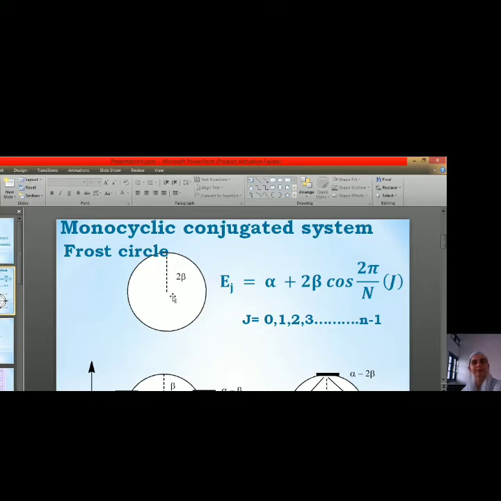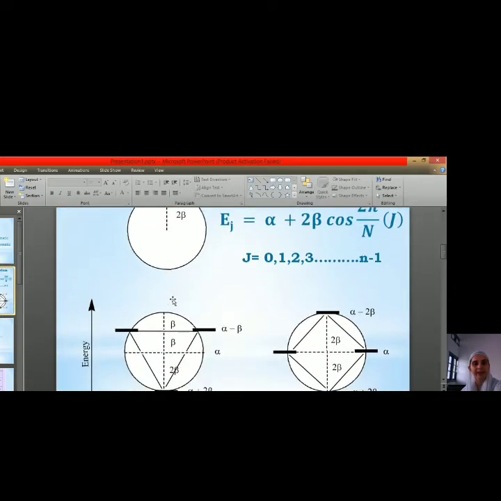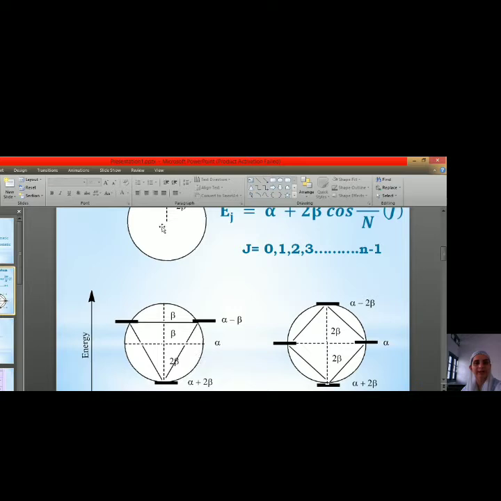In order to draw the Frost circle, first we draw a circle with radius 2 beta. Then we inscribe a polygon inside this circle such that one vertex of the polygon touches the bottom of the circle. This is the case of the cyclopropenyl system, in which we take an upside down equilateral triangle whose one vertex lies at the bottom of the circle.